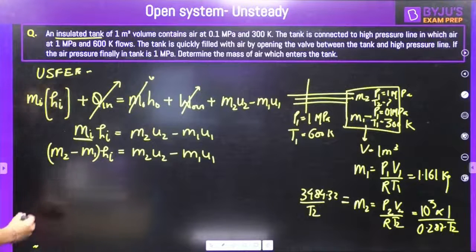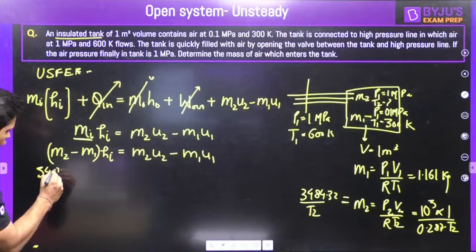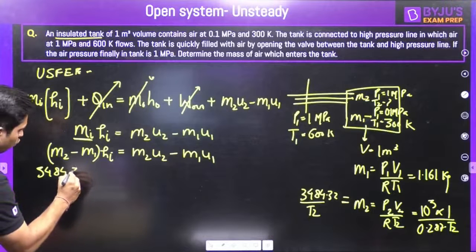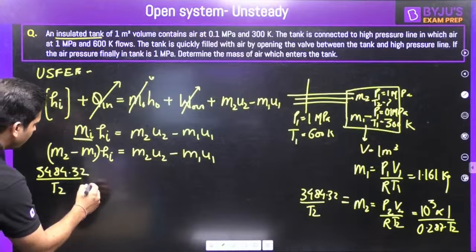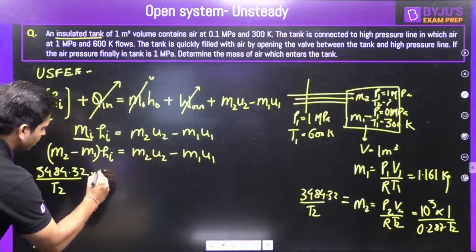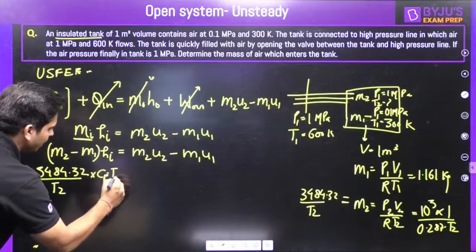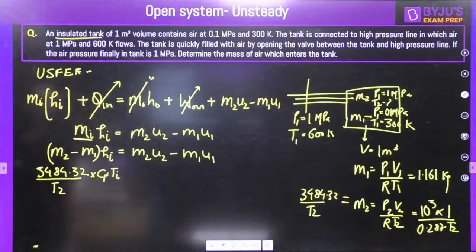Now M2 is 3484.32 by T2 into CP Ti. Okay. What is Ti? Ti is 600.